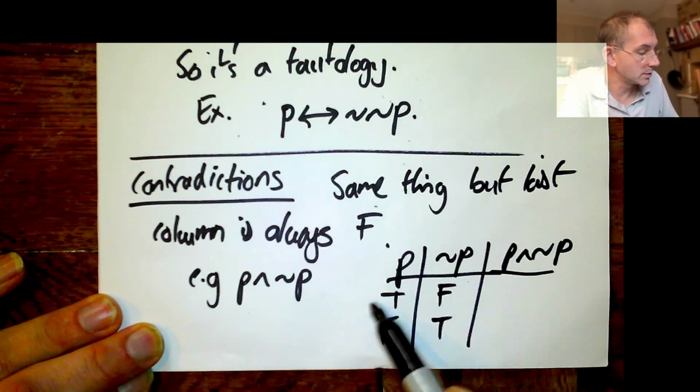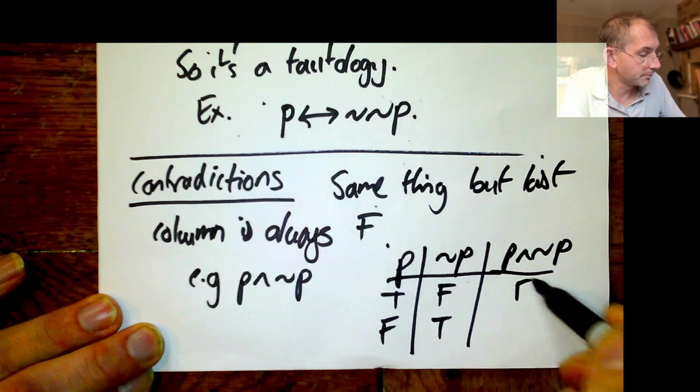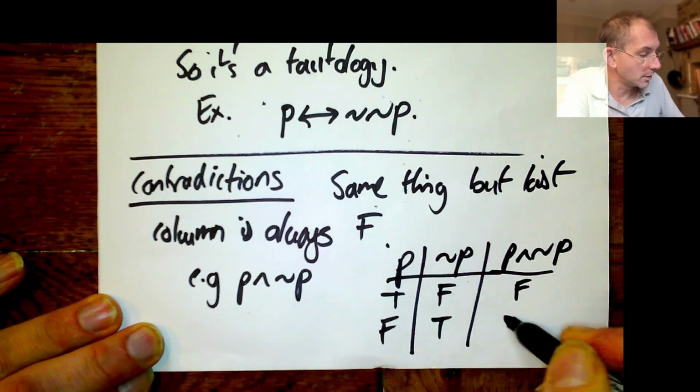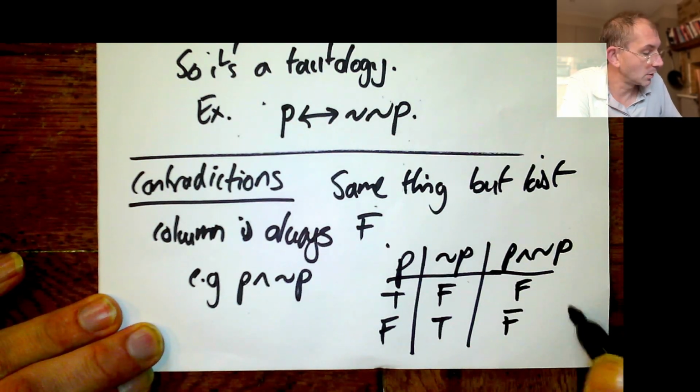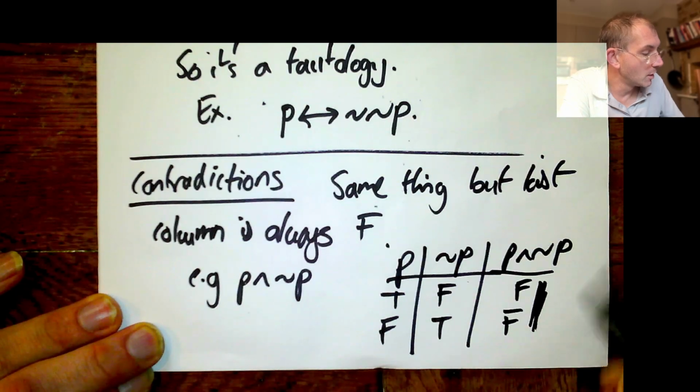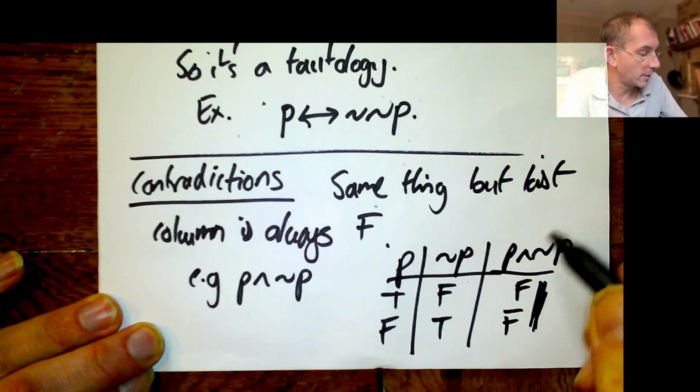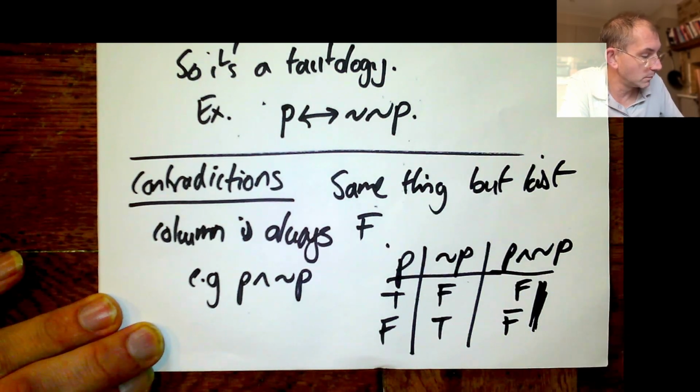But this and this, no, one of them is wrong. This and this, no, one of them is wrong. So when you get the final column of the thing that you're working out, when it's all false, this is a contradiction.